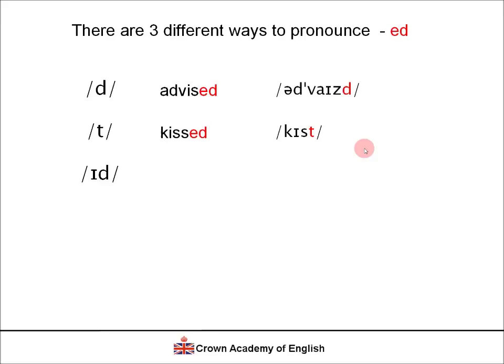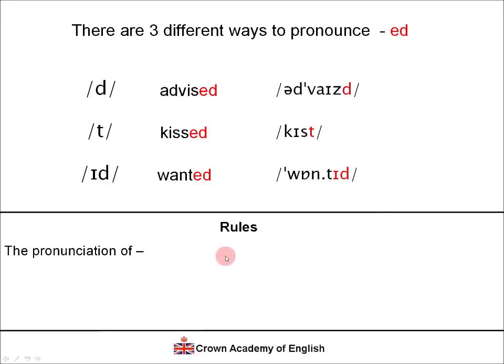And the third way is id. Wanted, wanted. So you can see the spelling is always the same, ED, but there are three different ways of pronouncing it: advised, kissed, wanted. So what are the rules? We have three different ways, but how do we know which is the correct way?